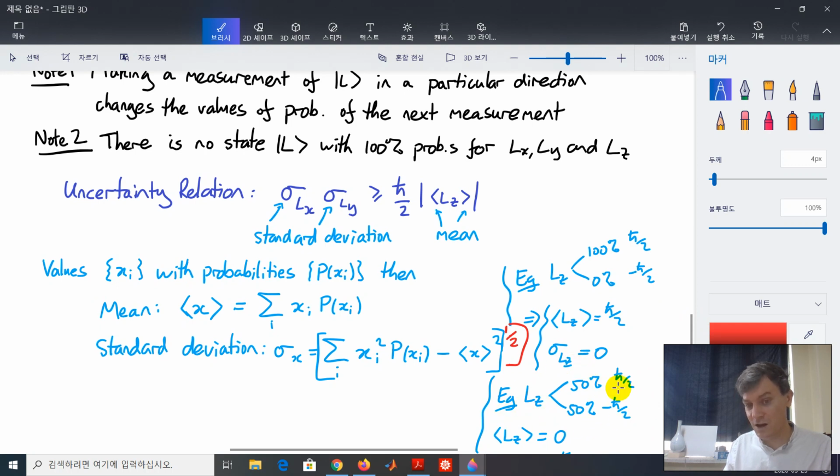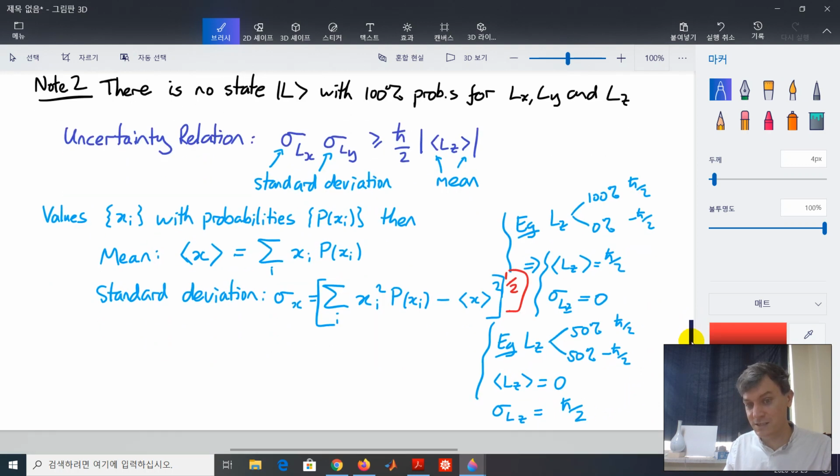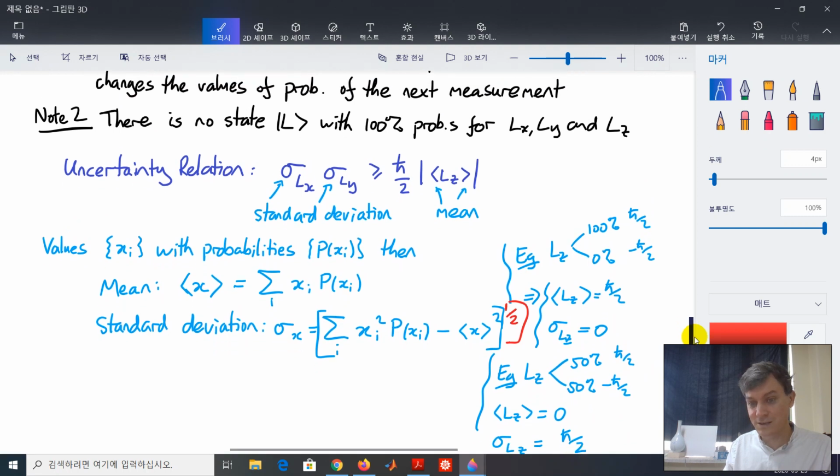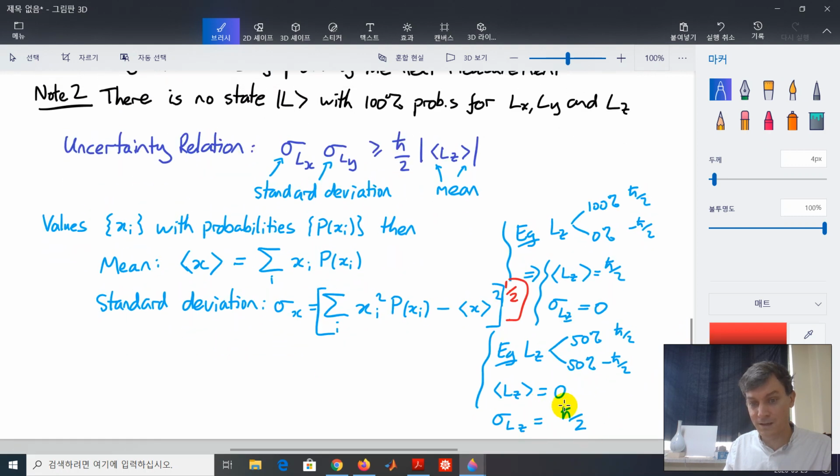Because this is the largest possible value of standard deviation here, which is exactly equal to h bar over 2. So you get h bar over 2 times h bar over 2 is greater than or equal to h bar over 2 squared, which is true because of the equal sign.